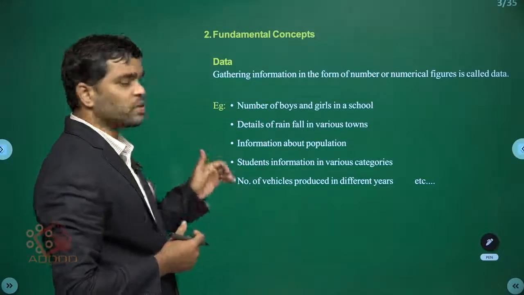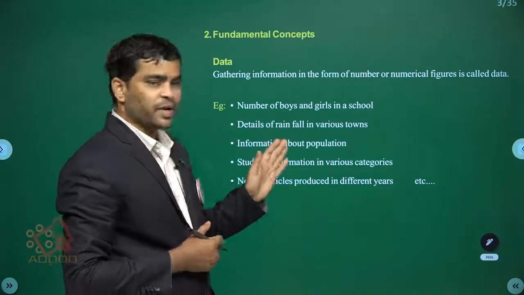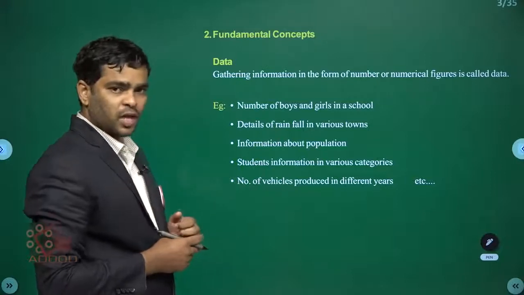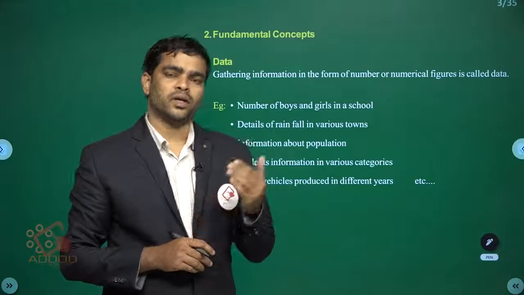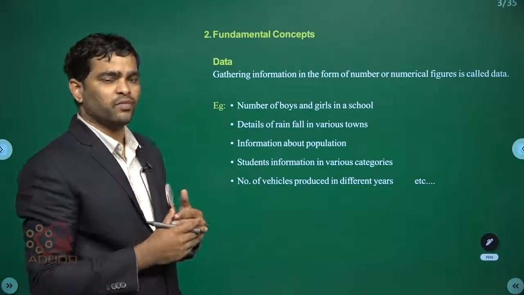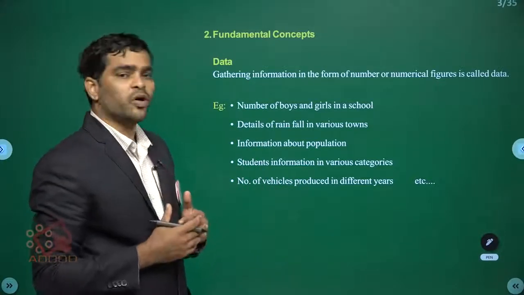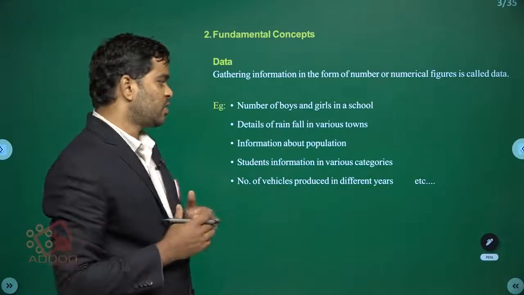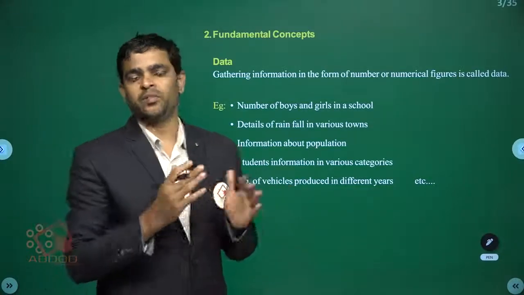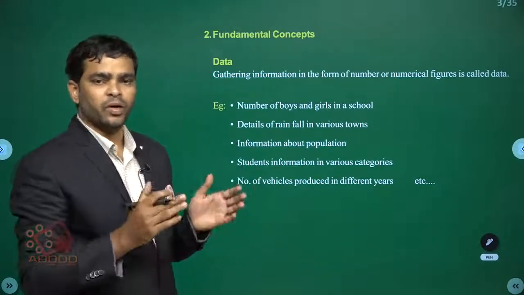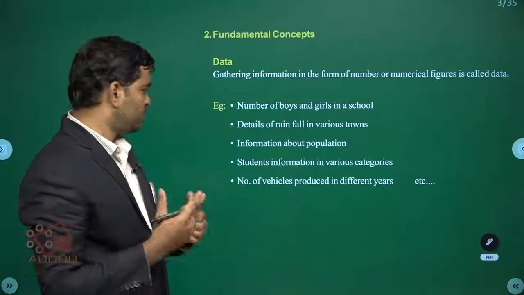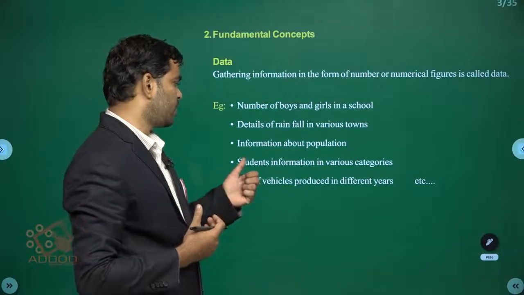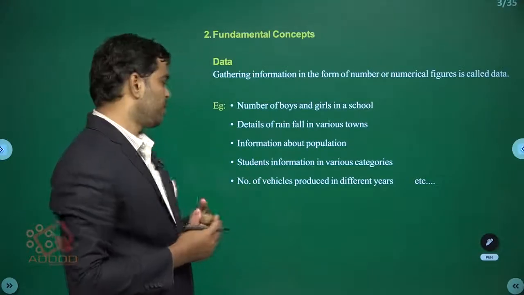Details of rainfall in various towns, year wise, like what the rainfall was last year and this year. Information about population in India, for example how many 18 plus people there are, below 18, below 10, male, female. This is the information where we collect the data.